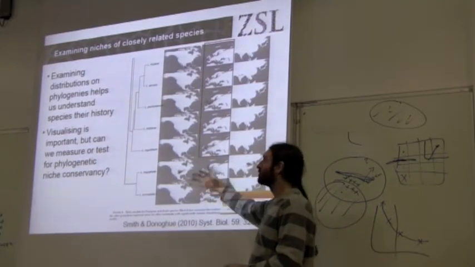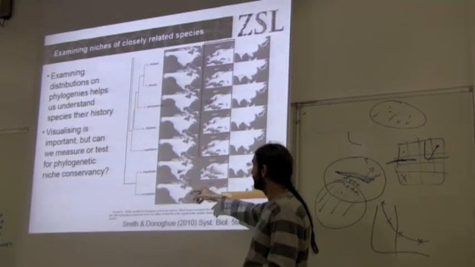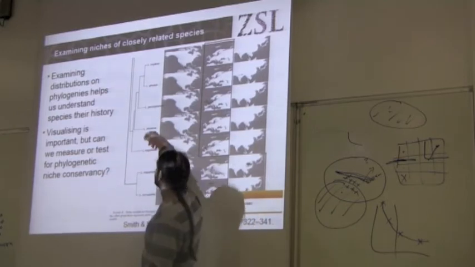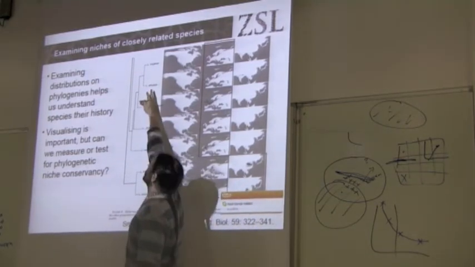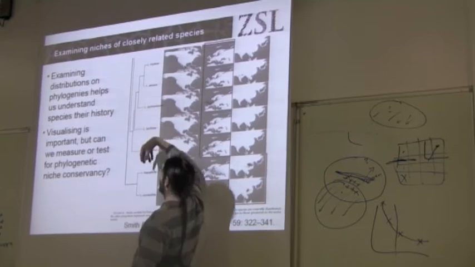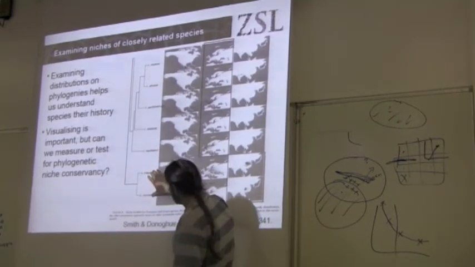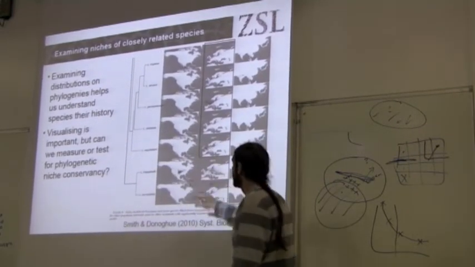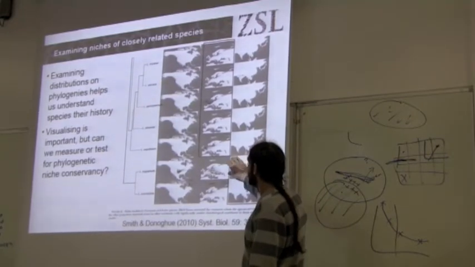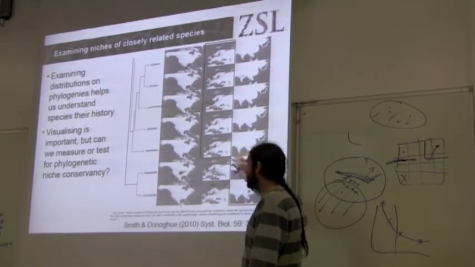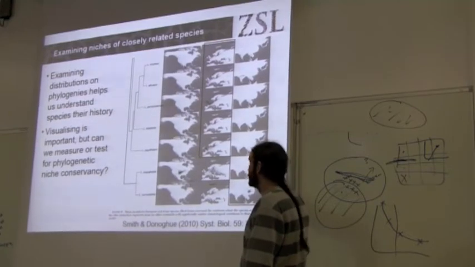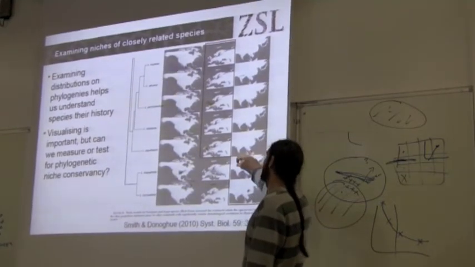So we saw similar examples earlier. Okay, so here's our tree. These two species are more closely related to each other than they are to anything else here. Also with these. Okay, and for each of these we've got a niche model projected into the present distribution area.